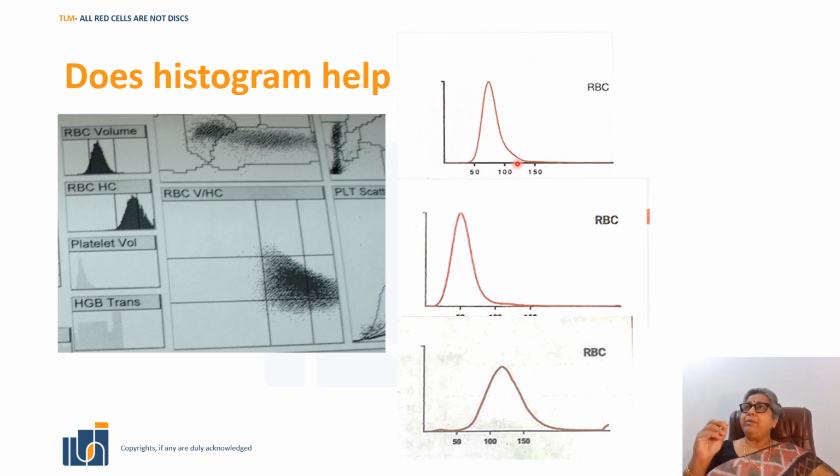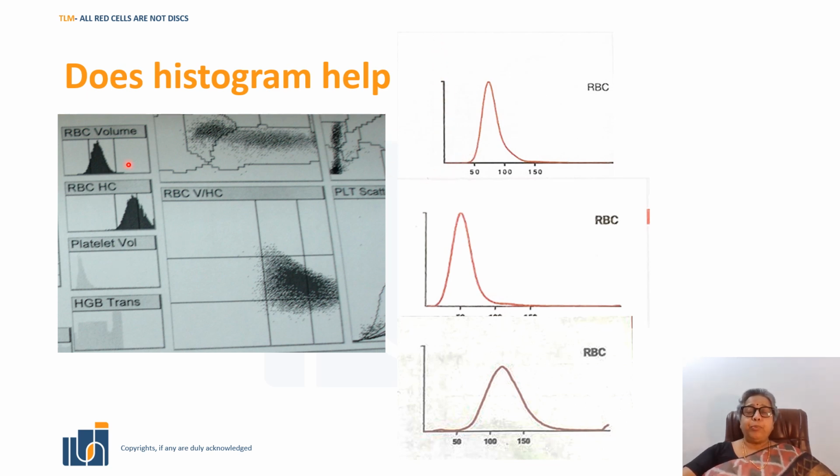So the histogram gives you an indication of the variation in the size of the red cell. Very little information is got about the variation in the shape. This is more to do with the size of the RBC, because we are plotting the volume versus the total number of cells.